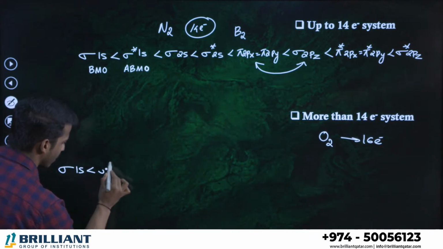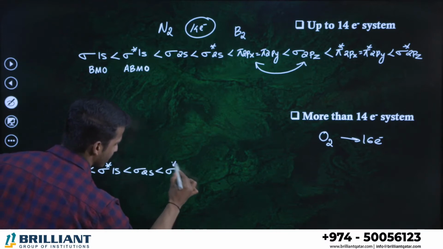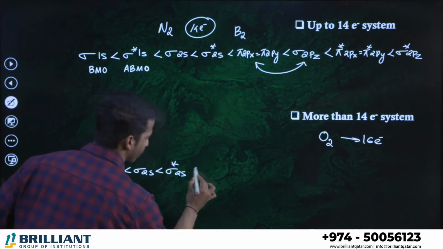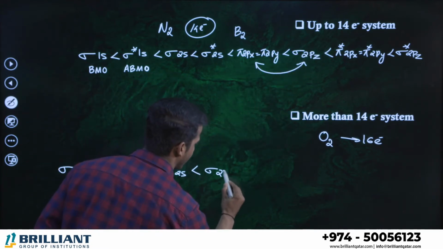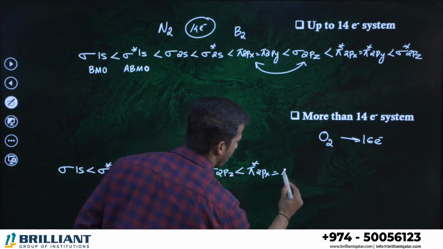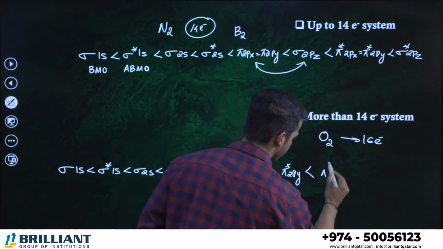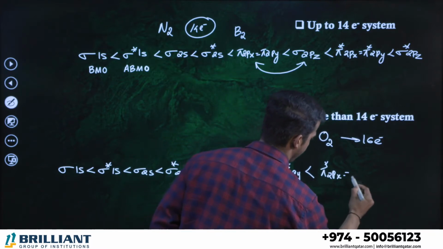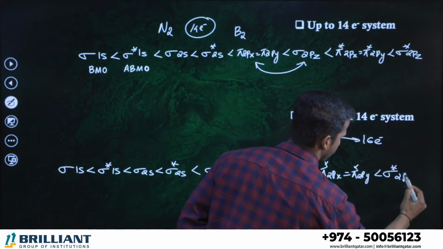Sigma 1s, sigma star 1s, sigma 2s, sigma star 2s. Then what we have to do, dear student? Sigma 2pz comes here, then pi 2px equal to pi 2py, and the same for the star ones.